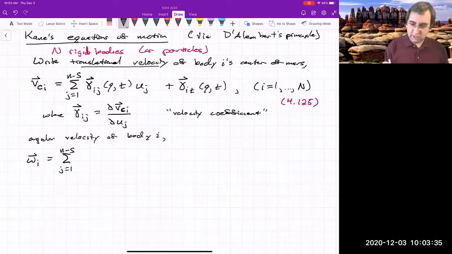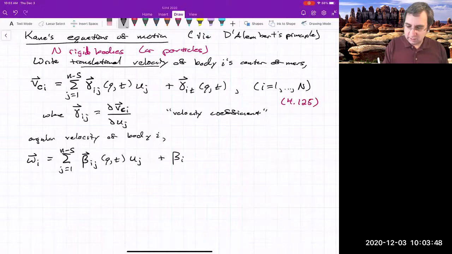non-zero or unconstrained quasi-velocities, and using the same notation as before, I'll write beta here. Beta ij could be a function of the q's and time. Uj plus beta I t of q and t.